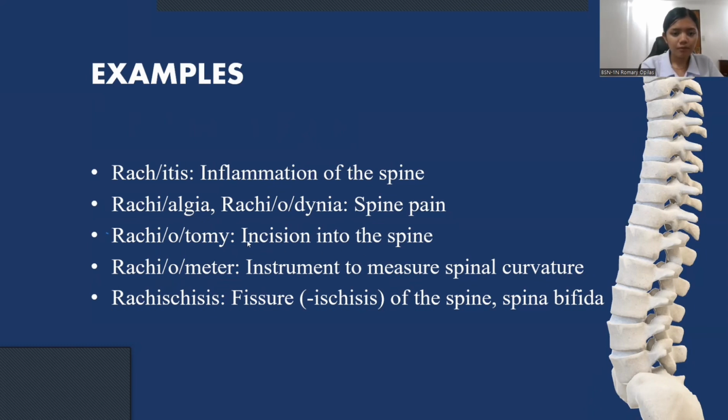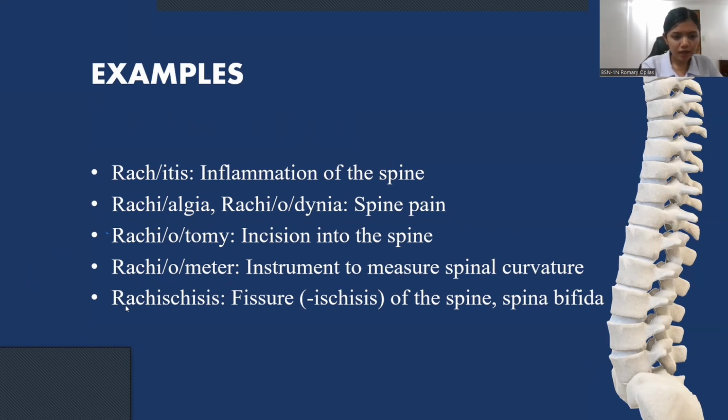May ibang meaning na siya, parang nag-combine lang din yung meaning ng root word and the suffix natin. So rachiometer is the instrument to measure spinal curvature.